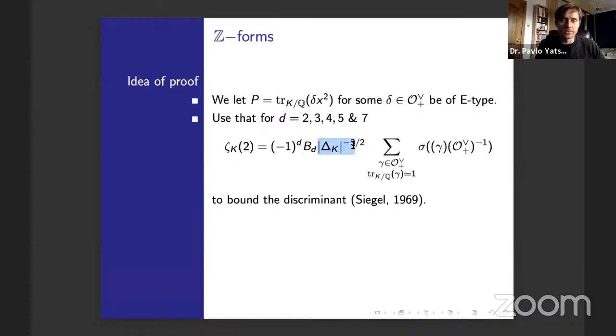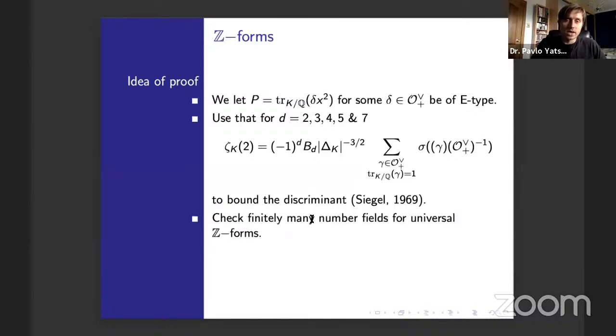We have here the discriminant of our number field, and we have here the sum which depends on these elements of trace 1 in the codifferent. Using this formula, we can bound the discriminant of a number field over which we could have universal Z forms. As soon as the discriminant is too large, we know that we can't have a universal Z form, and so it leaves us finitely many cases to check, and we check those finitely many number fields for universal Z forms, and that completes the proof.